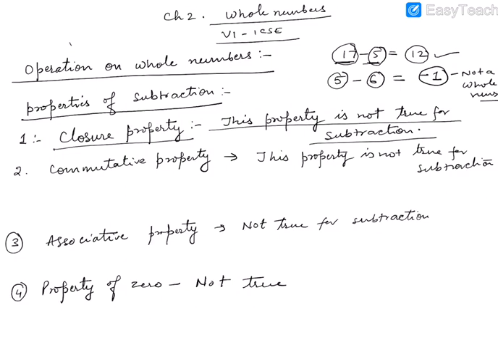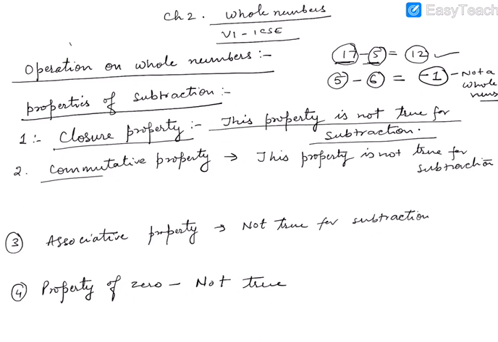So sometimes you will get a whole number and sometimes you will not. That's why subtraction is not closed. Subtraction doesn't follow the closure property.